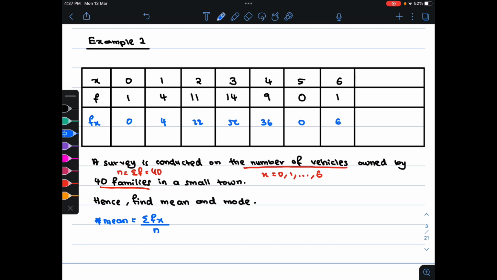So to find sum of fx, you're gonna add all of these together. And you will get 124. For n, we can see that n is 40, and thus mean is 3.1.